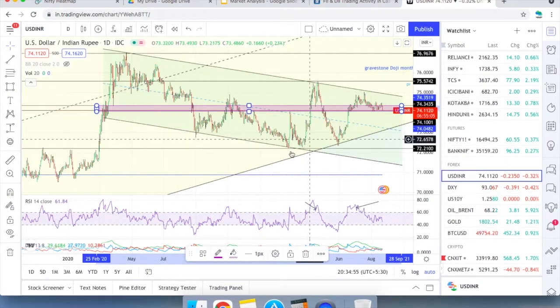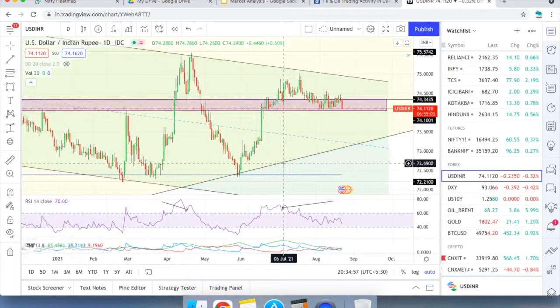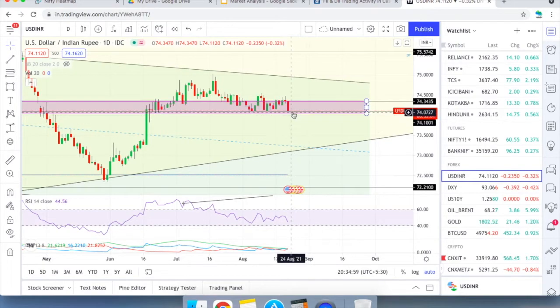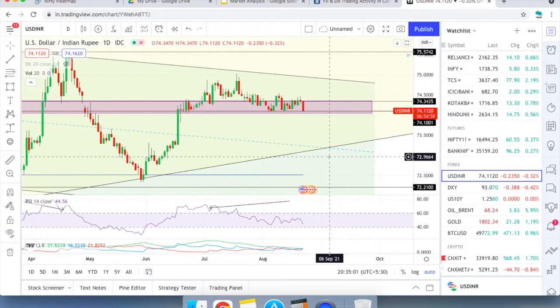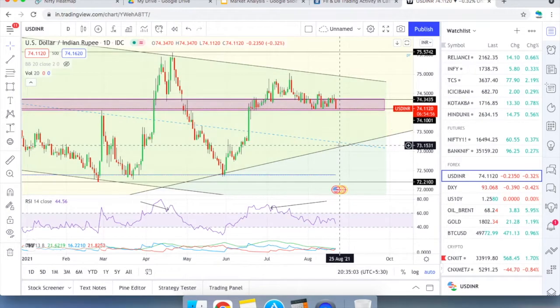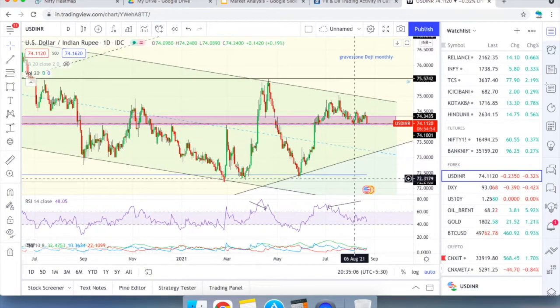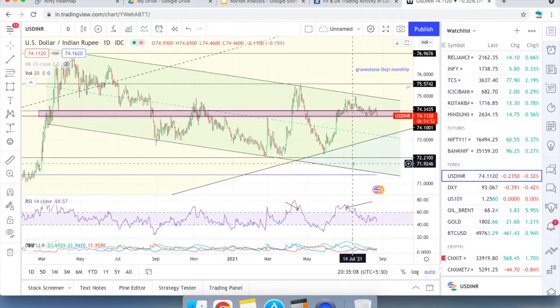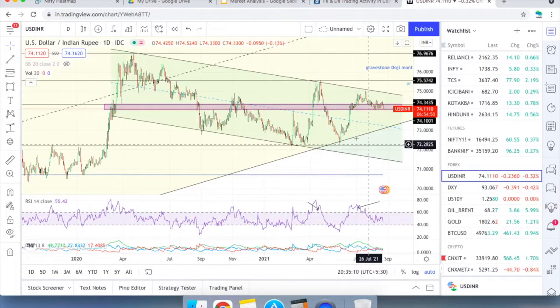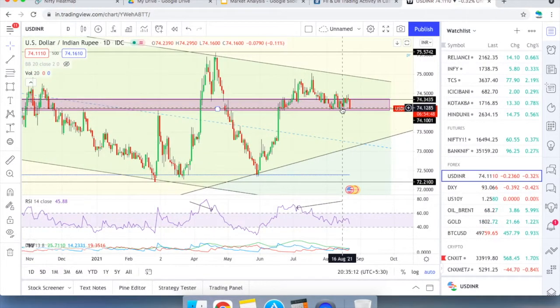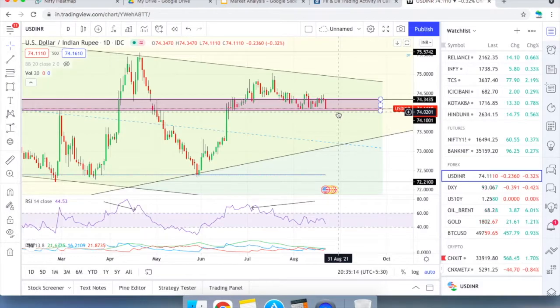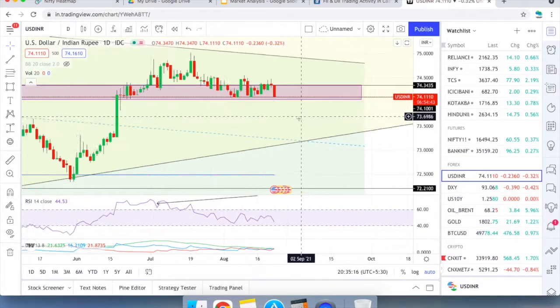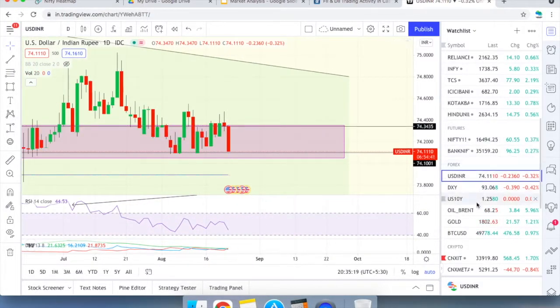So this is where the action is happening. If it is breaking down from the 74 levels, then it can go down to the channel bottom, right? So right now you can say that it has turned bearish because the dollar has weakened. That weakness is reflecting in the currency pair also, right?